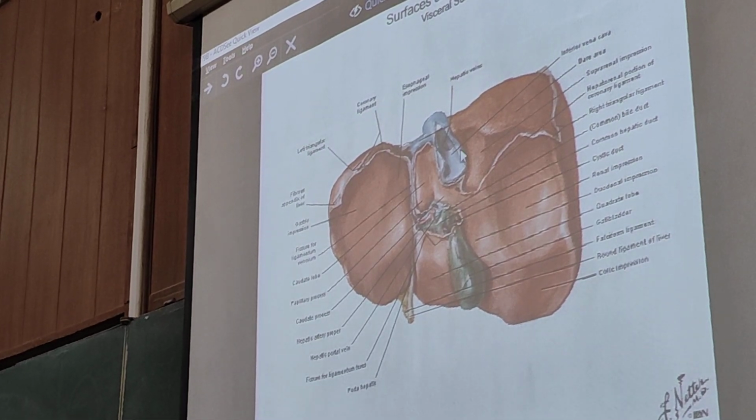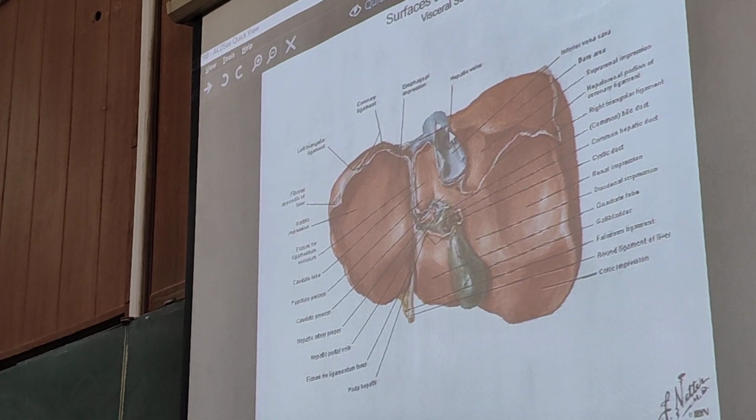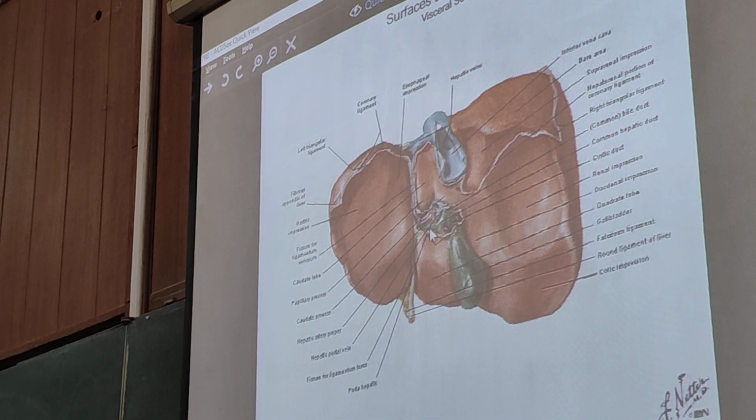Right lobe at the right of the inferior vena cava and gallbladder, and quadrate lobe between gallbladder trace and ligament, anterior to the porta hepatis.